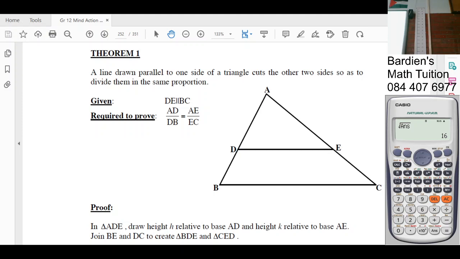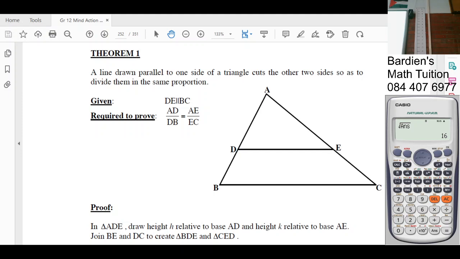So if you're looking at AD, that line, and BD, what we're going to do is work out the area of triangle ADE. Can you see that? Let me change my color here. So the area of triangle ADE, that's what I'm looking at.